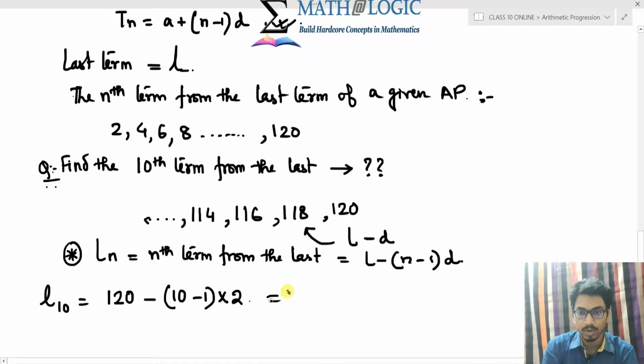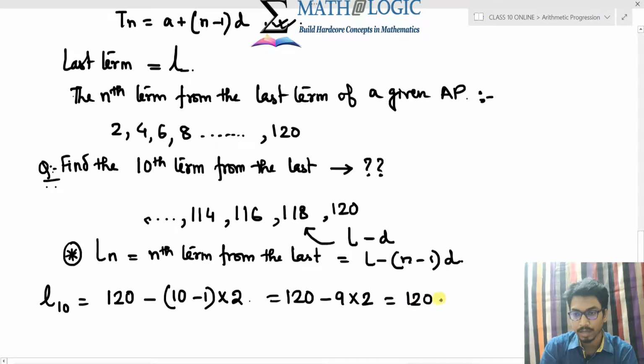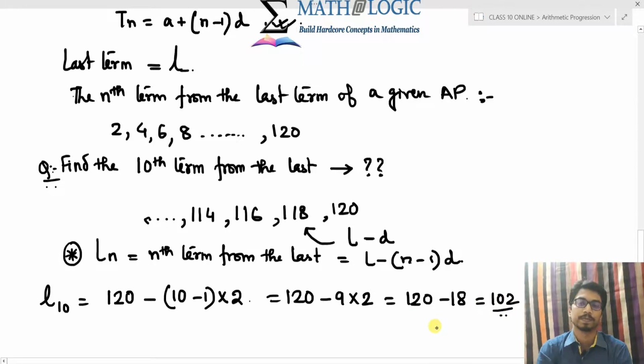So it is equal to 120 minus 9 multiplied by 2, which is 120 minus 18, that means 102. This is the 10th term from the last. Clear?